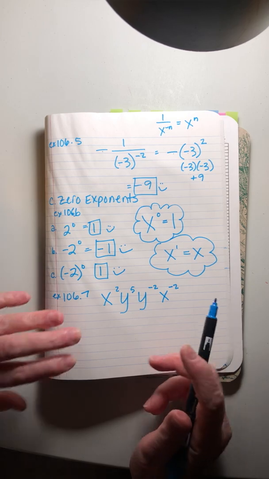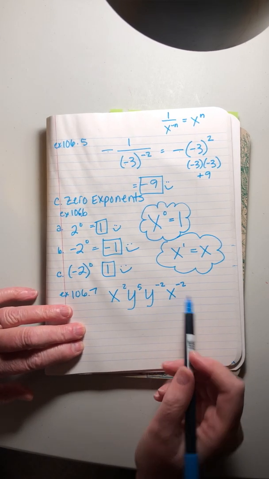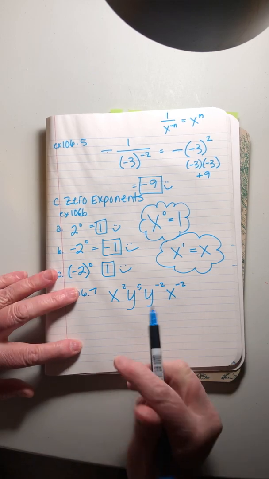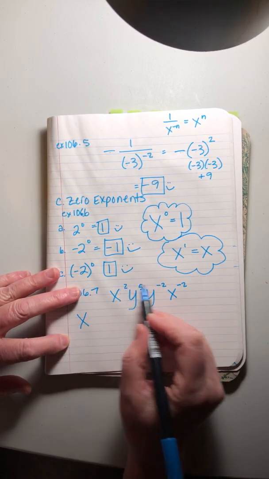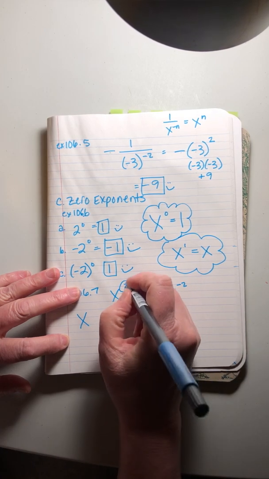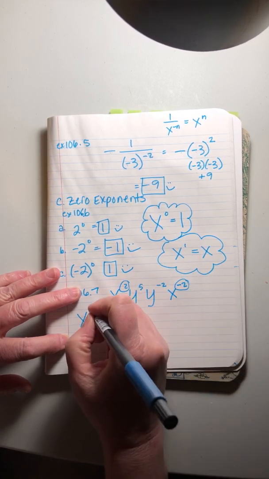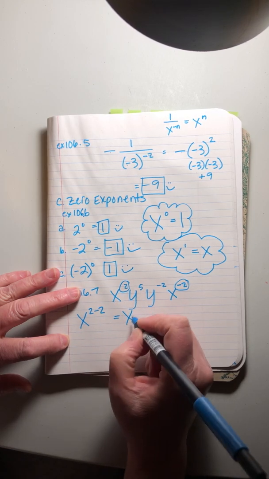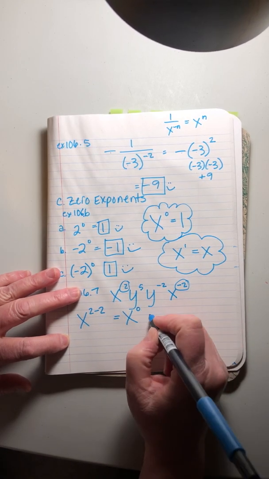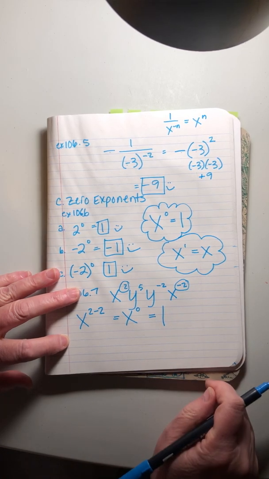Okay, so what do we do? Well, just like we've done before, we're using our product rule for exponents. We'll start with the base of x, and we're going to add the exponents on the x bases. So it's 2 minus 2. That changes to x to the 0, and that changes to 1.